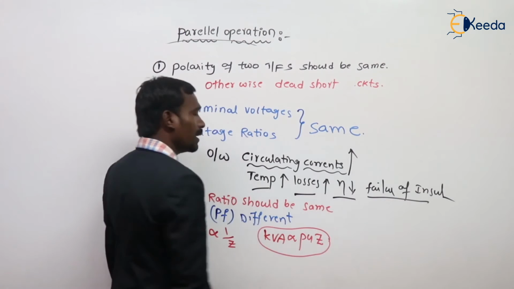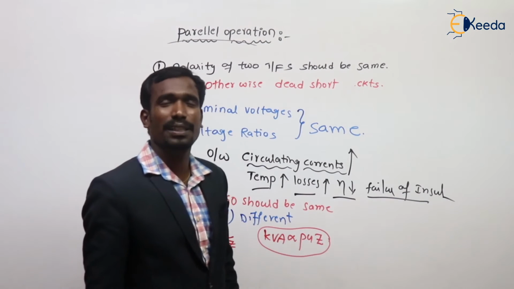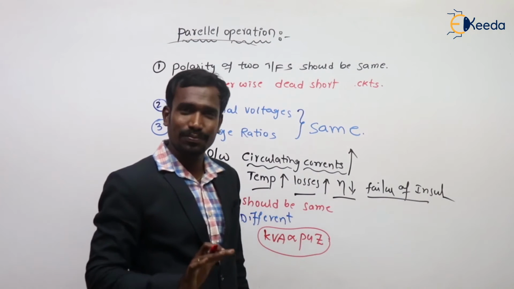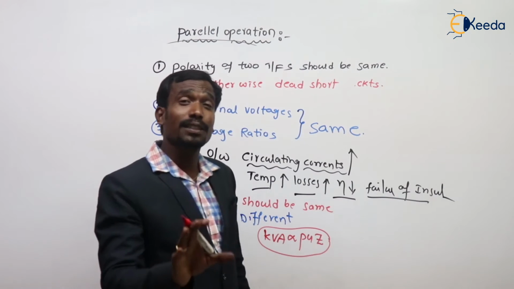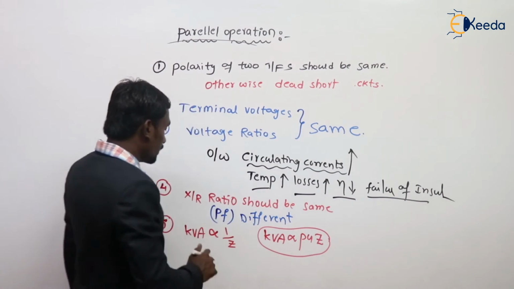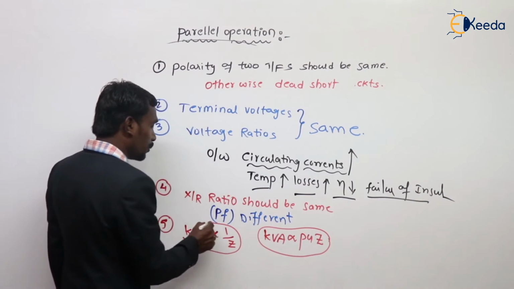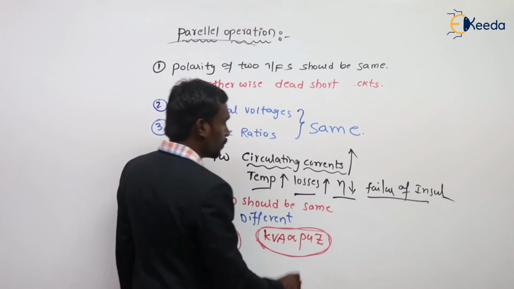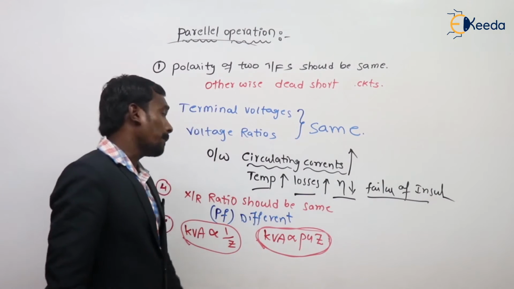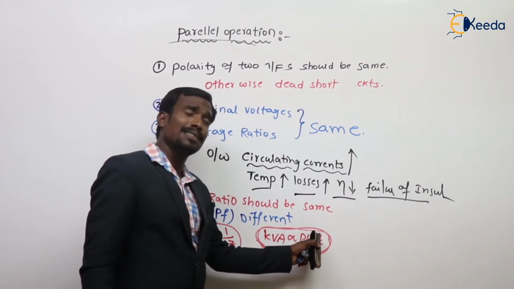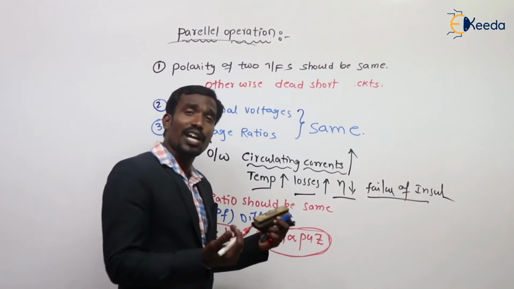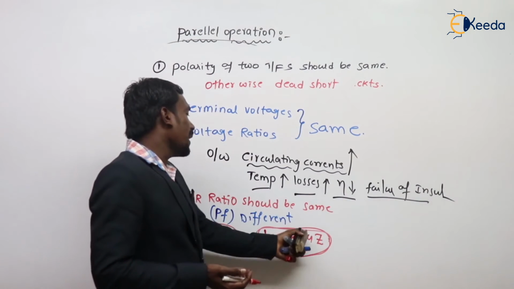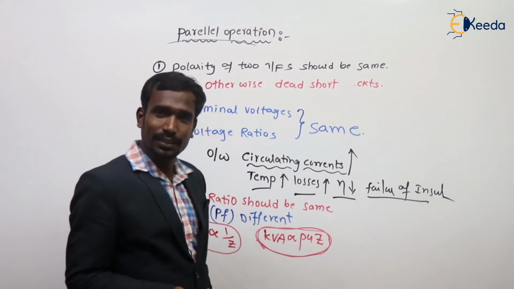The per unit impedances should be the same. Based on per unit impedance, our transformers will share the load.